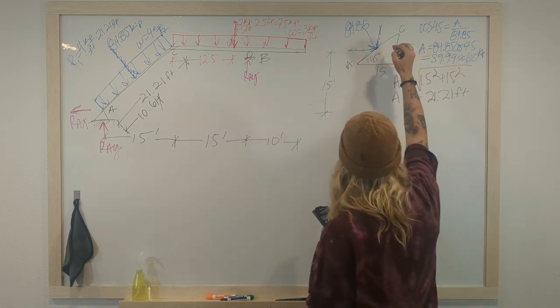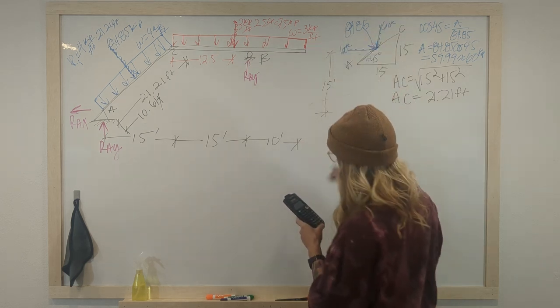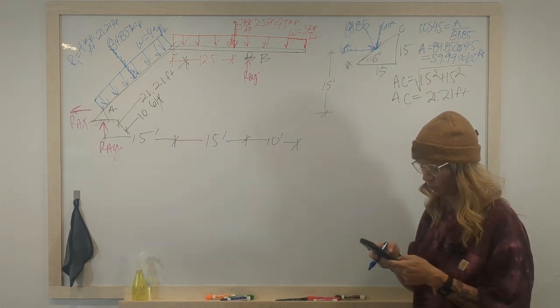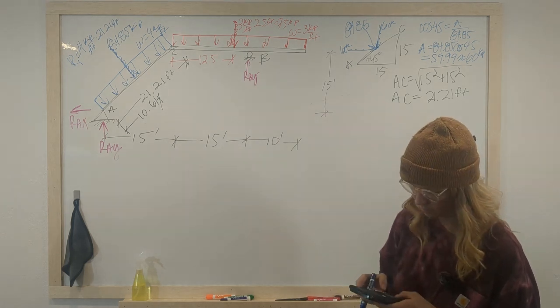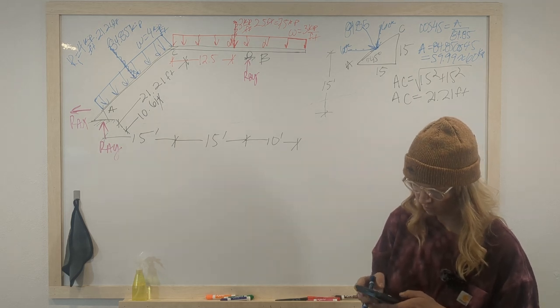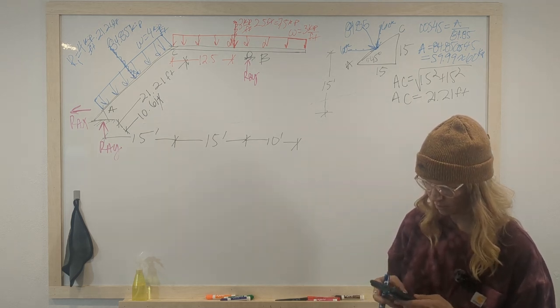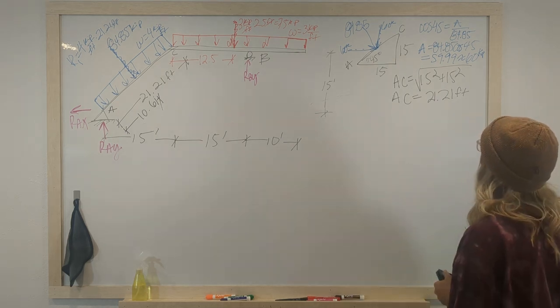Okay, so that means that this is 60 kips and this is 60 kips. Now we can check that too. So 60 squared plus 60 squared, square root of that, 84.85. So we know that that's correct.